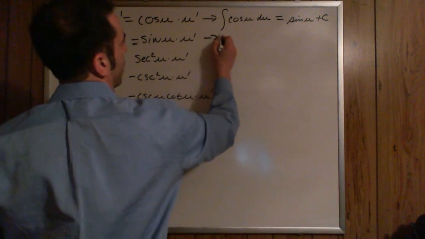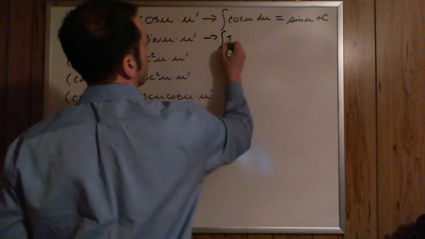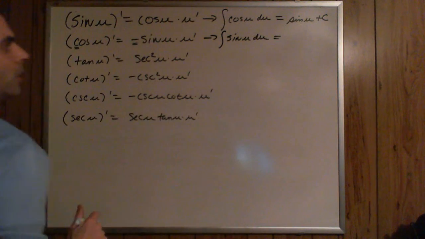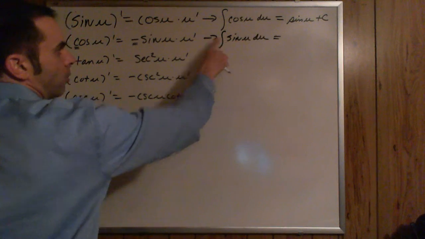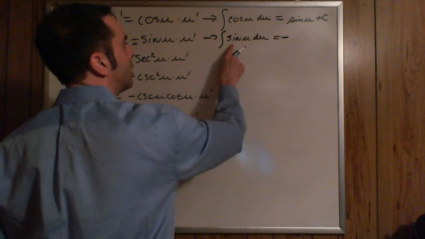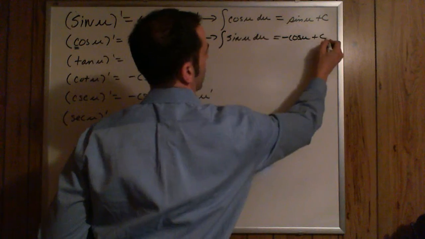This would imply that the antiderivative of sine u du, now because we are not given the negative here in the integrand, our answer will contain the negative. So a function whose derivative is positive sine u is negative cosine u plus c.